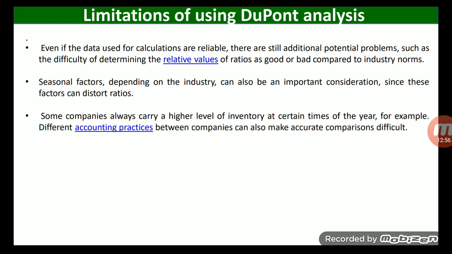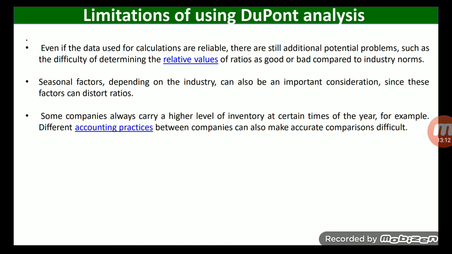Some companies always carry a higher level of inventory at a certain time of the year. Different accounting practices between companies can also make accurate comparison difficult.